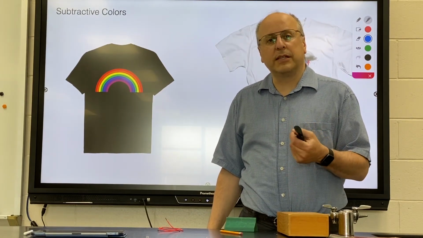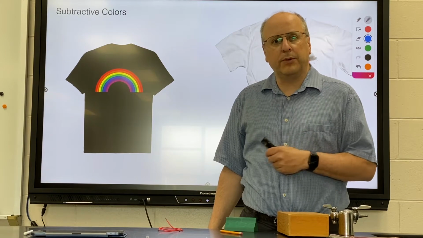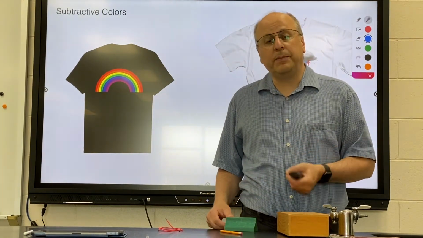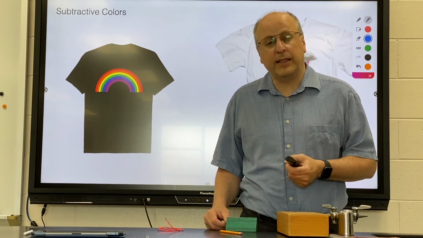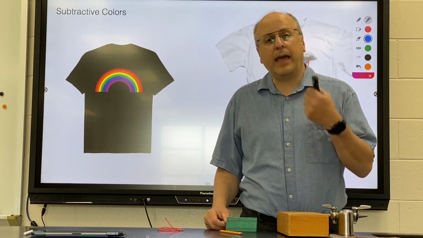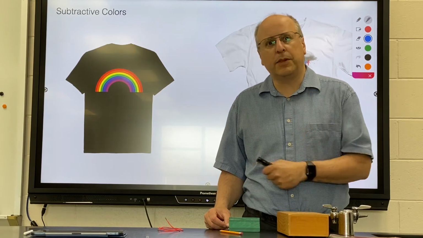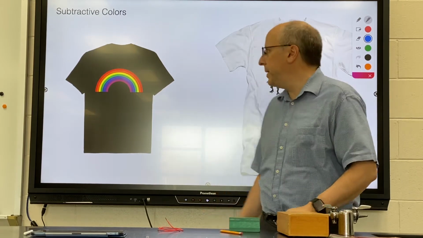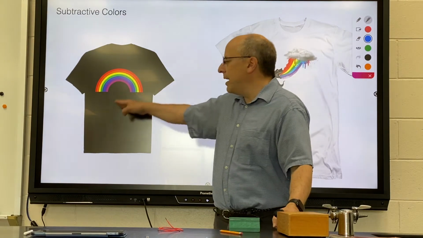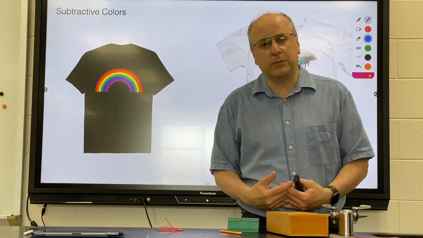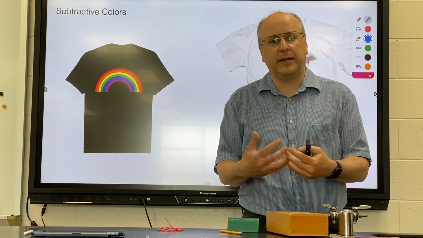It would obviously be absorbing green and blue. When it's orange, the orange would be 100% of the red light reflects and 50% of the green reflects and none of the blue reflects. All of the blue would be absorbed. And you can go through every single one of those different colors and figure out what is being absorbed and what is being reflected.